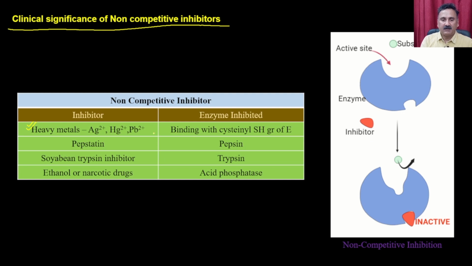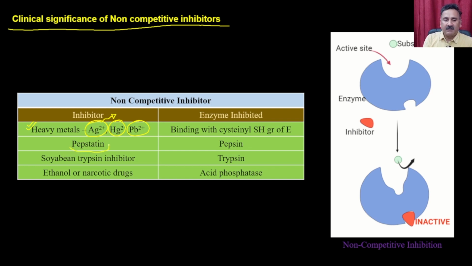So for example, heavy metals, the metals which contain silver, arsenic, and lead. They bind with the sulfhydryl groups of the enzyme, and that's how they form non-competitive inhibitors. And that's why you remember that all these heavy metals are bad for human health, because they inactivate so many enzymes, and that's how they cause the toxicity.